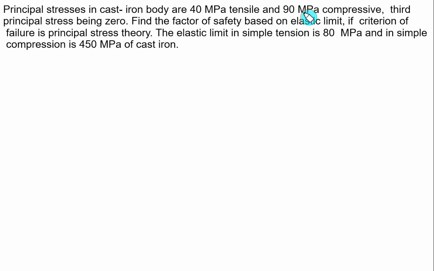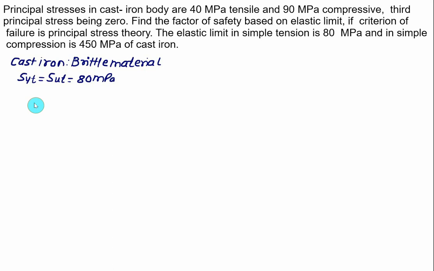Out of two principal stresses here, the absolute value of the compressive stress is higher, that is 90, and that will be assigned as sigma A and the lower value will be assigned to sigma B. Since cast iron is a brittle material, SYT is the same as SUT, equal to 80 megapascal, and SYC, the yield stress in compression, is the same as the ultimate stress in compression, equal to 450 megapascal.